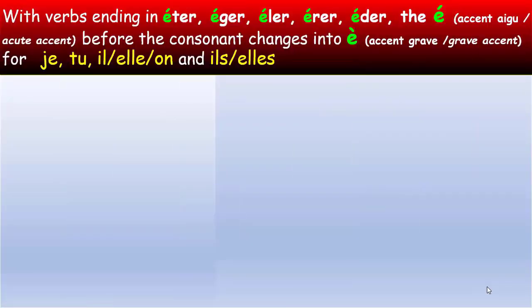With verbs ending in ÉTER, ÉGER, etc., the accent aigu, that is the E with acute accent before the consonant, changes into accent grave, that is E with grave accent, for je, tu, il, elle, on and ils, elles plural, but not for nous and vous, that is the first person and second person plural.